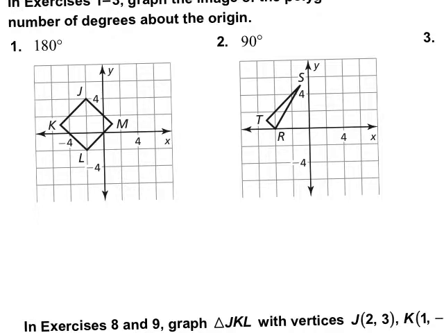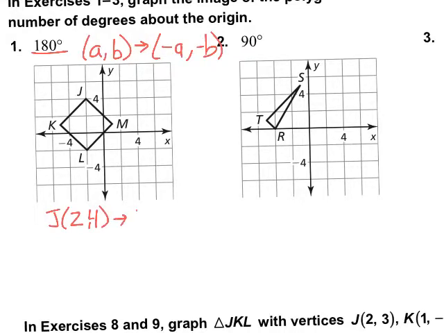So I look up here, I see a 180-degree rotation, and I know A, B is going to turn into negative A, negative B. Okay, so let's start with J, K, L, M. So J, looks like they're going by 2, so 2, comma 4.